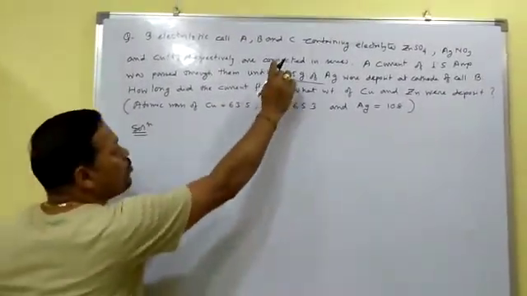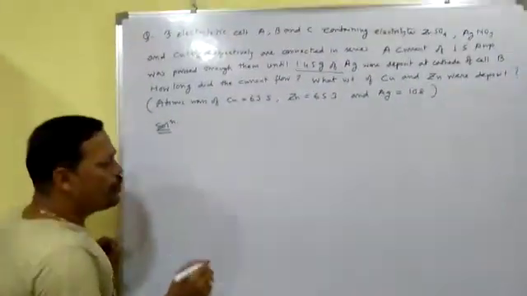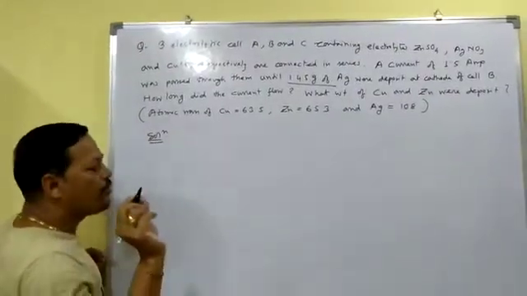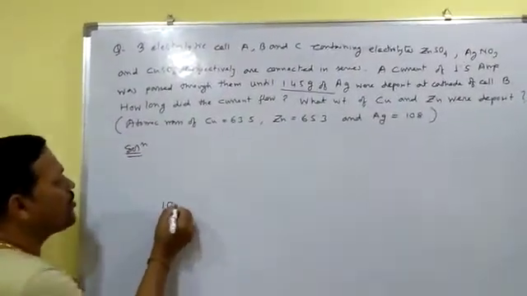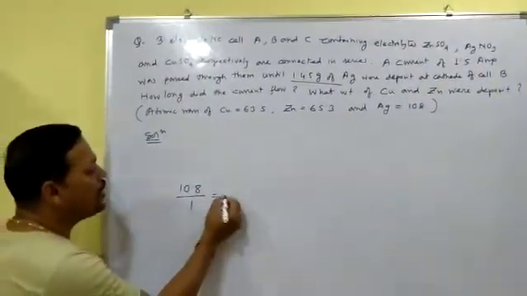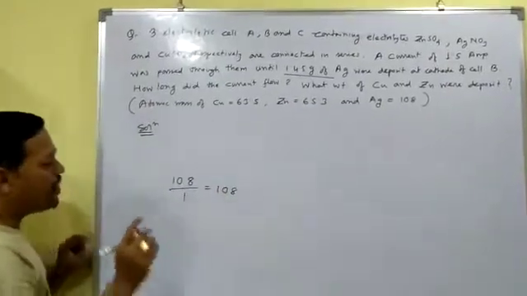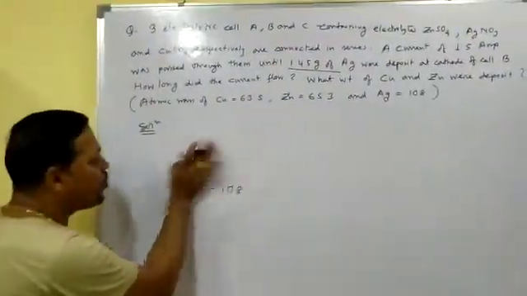Here 1.45 gram of silver is deposited at the cathode. We know the equivalent mass of silver is 108 gram because the atomic mass of silver is 108 and the valency of silver is 1. I mean equivalent mass and atomic mass are both the same for silver since it is monovalent.